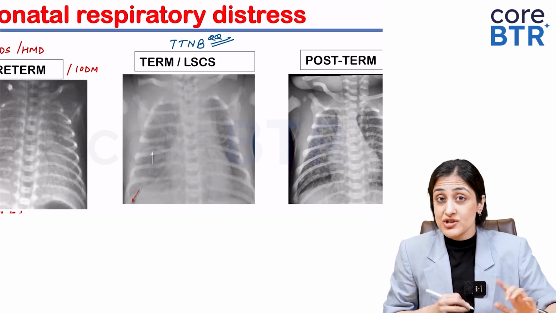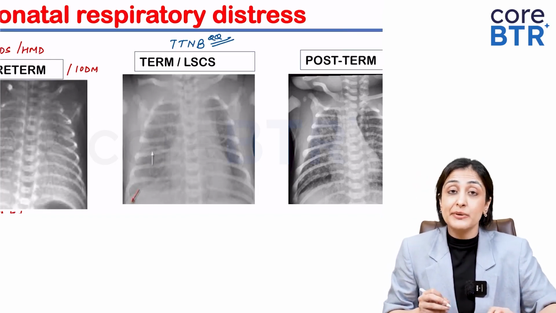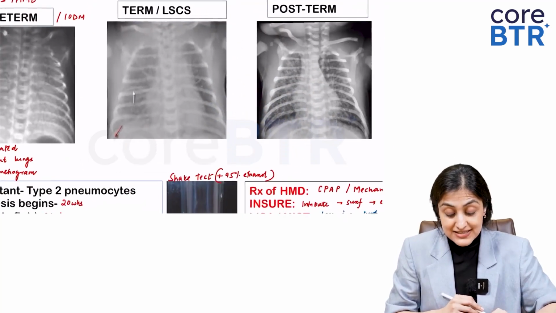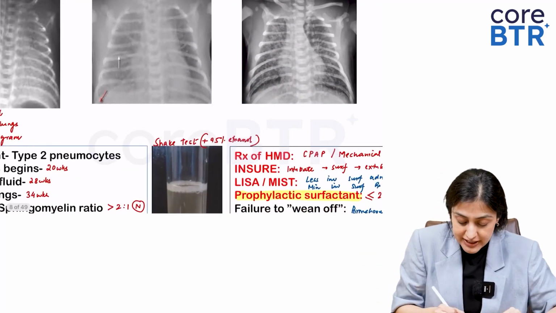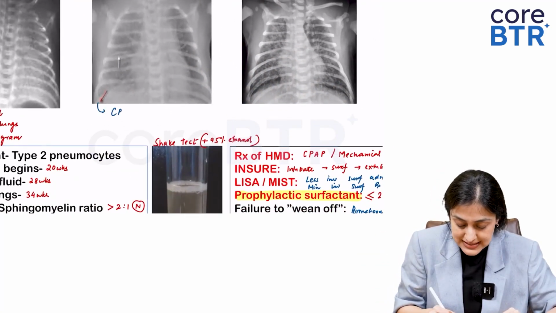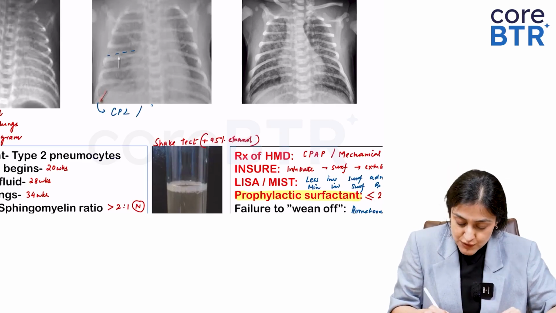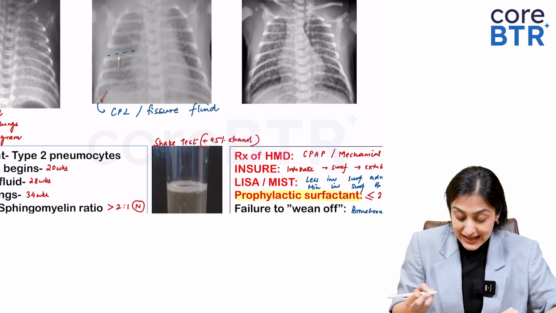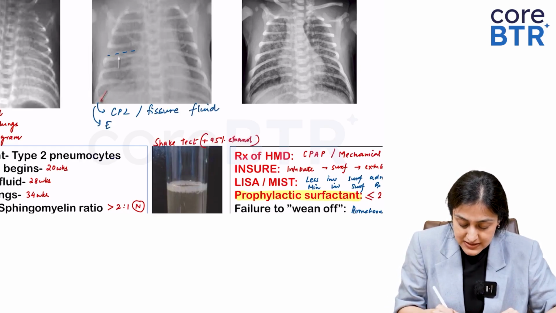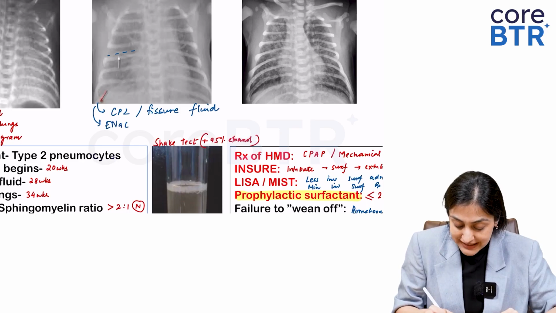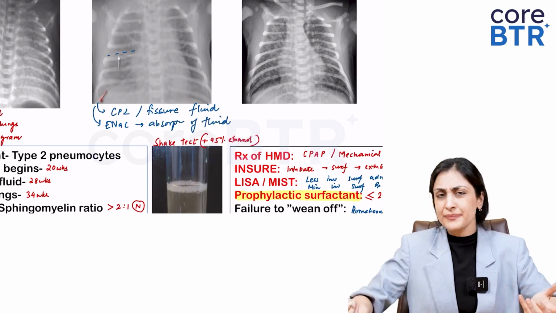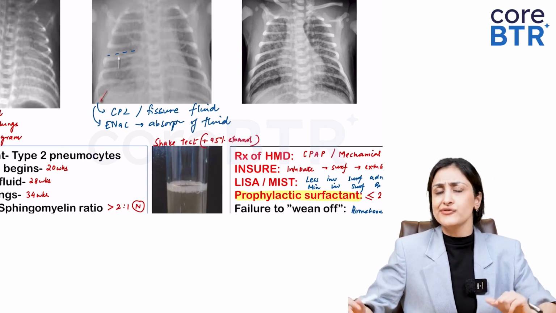So as the name suggests, transient tachypnea hai because of fluid retention. X-ray में क्या मिलेगा? Fluid. Where does fluid accumulate? One is the CP angle, another is the fissures. Fissure is also a fold of pleura. So CP angle या fissures में fluid accumulation, and the hypothesis is that this absorption, which is mediated via the ENaC channel, is impaired here, and it takes a few hours to clear off and it will go away.